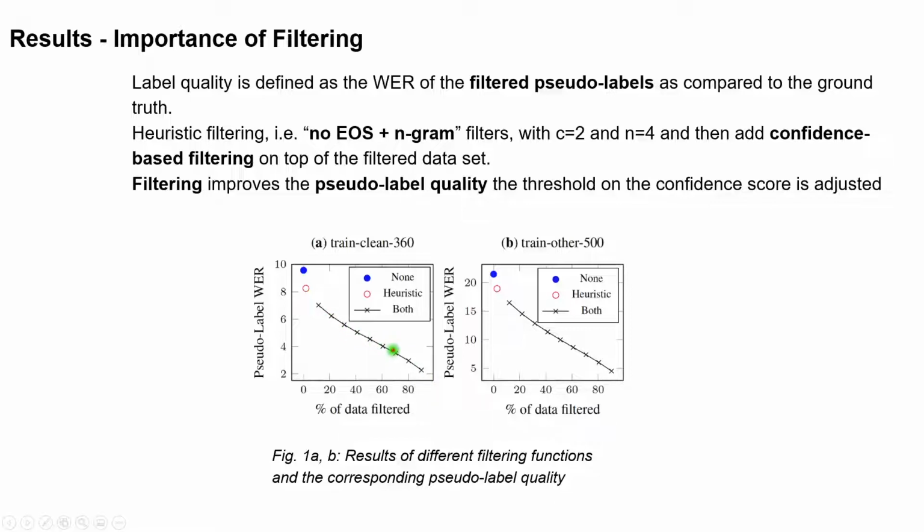You see there is a trade-off between the percentage of data you have filtered and the corresponding pseudo label WER that you are getting. The results are compared for both train-clean 360 hours and train-other 500 hours of data. Here the WER varies in the range of 5 to 15, and here it varies from 2 to 7 or 8.